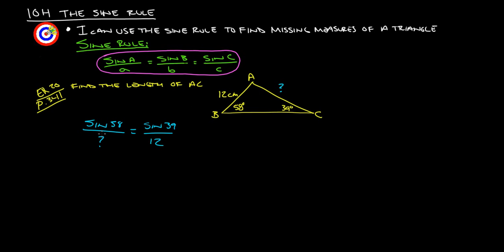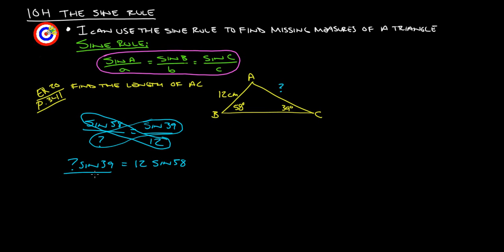Once you have two fractions that are equal to each other, we just do cross products. So this times this should equal this times this: question mark times sine 39 should equal 12 times sine of 58.